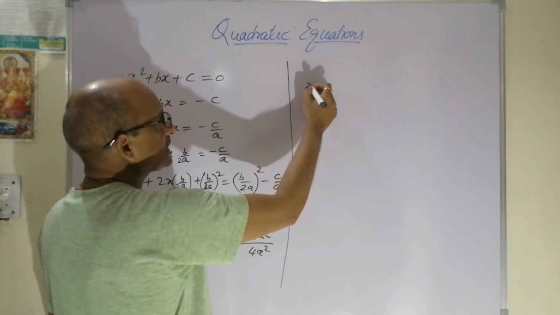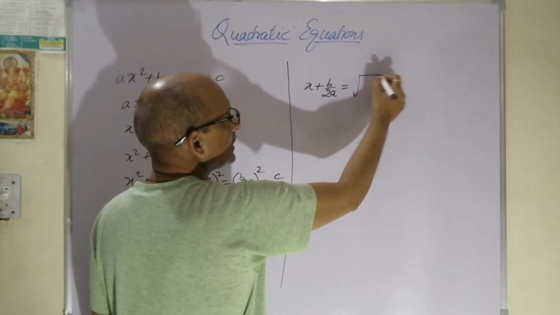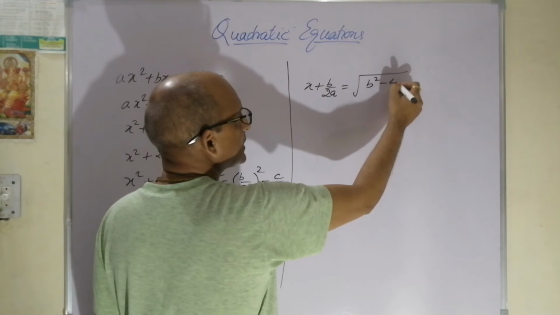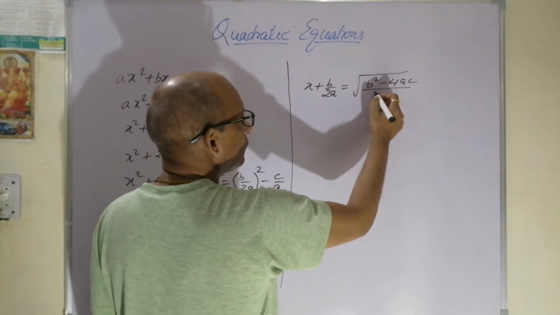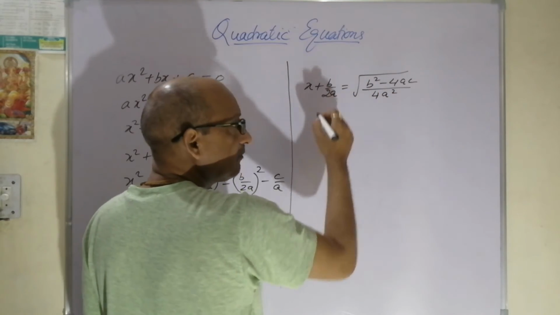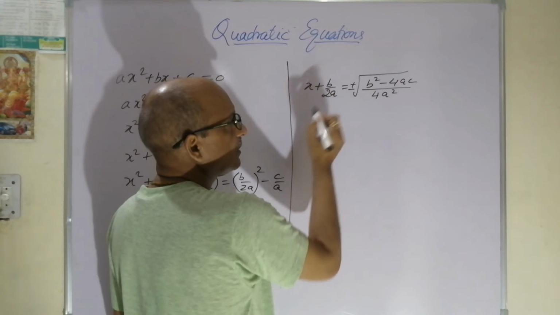We can take x plus b upon 2a, that will be equal to under the square root b square minus 4ac upon 4a square. But we are going to take square root, so this will be plus and minus.